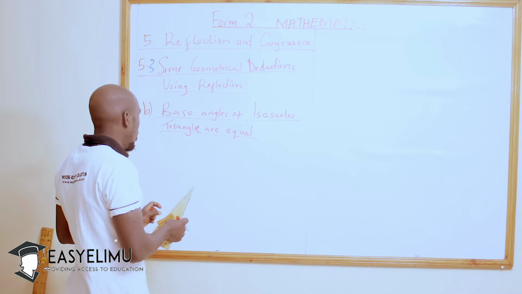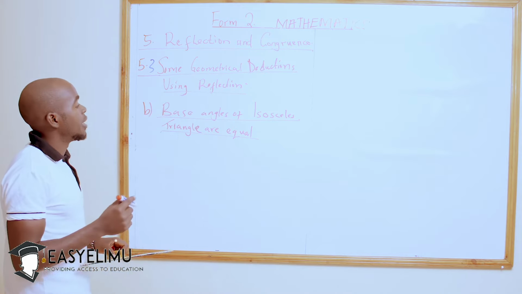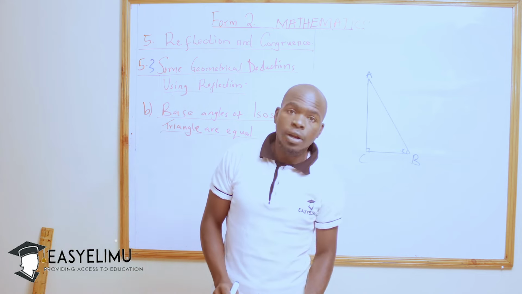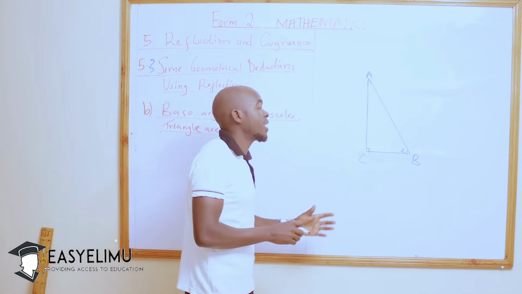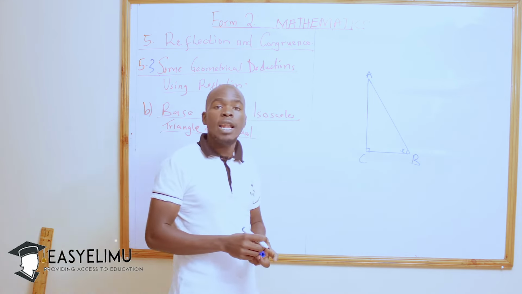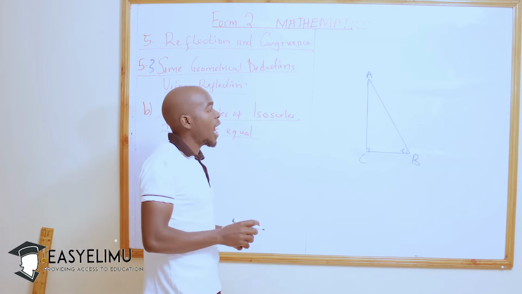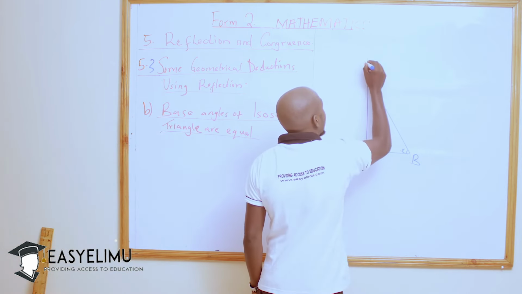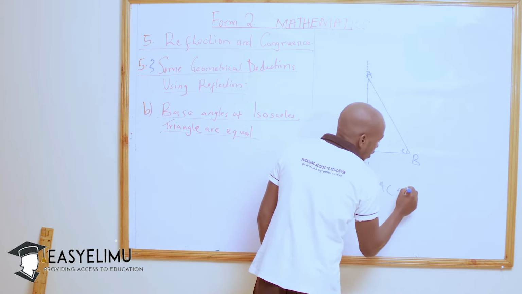We shall construct one of the isosceles triangles here and find out if the base angles are equal. Let's consider a triangle ABC, which is a right angle triangle with one of the angles labeled as X. And as we can see here, we can make a mirror line along line AC. Let's make a mirror line along this line here, such that line AC becomes our mirror line.